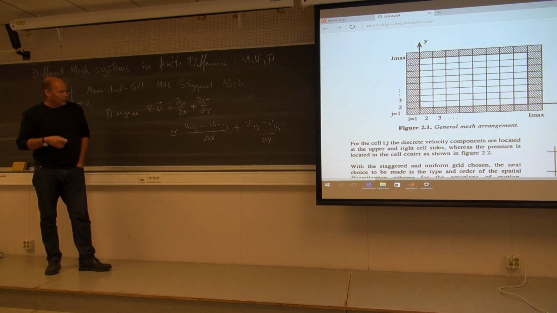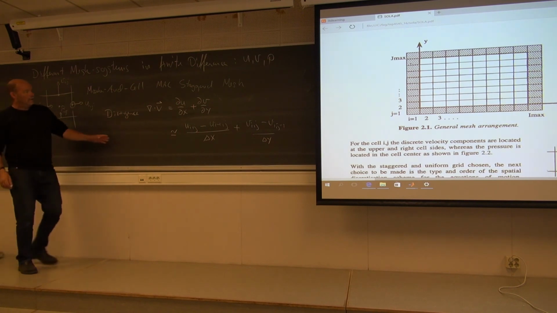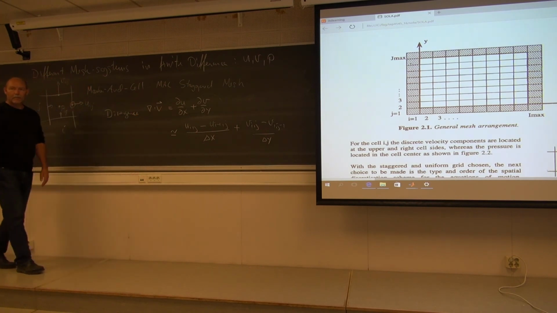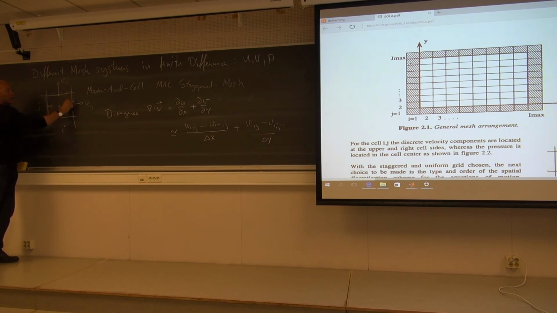Another way to look at this divergence, if you take the volume integral, that would now be the divergence theorem. Then you can rewrite the divergence as a surface integral and look at all the fluxes that go in and out of these 4 faces.